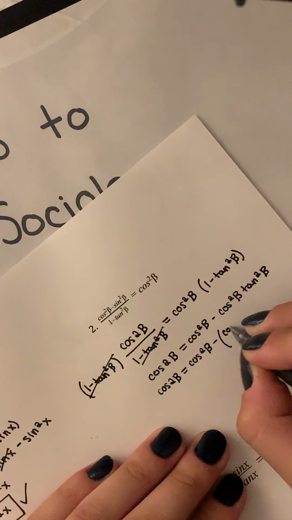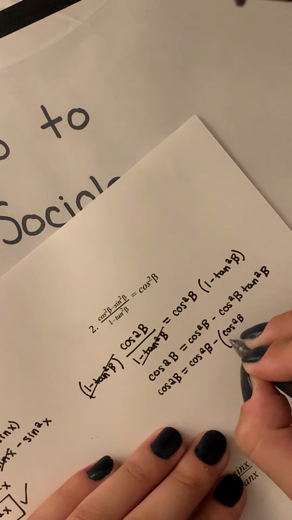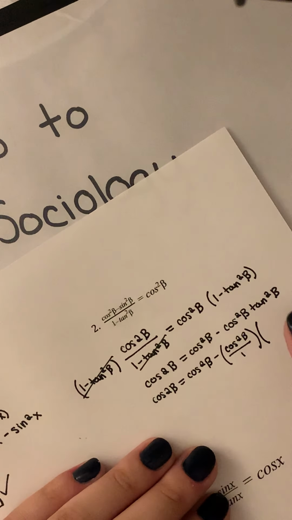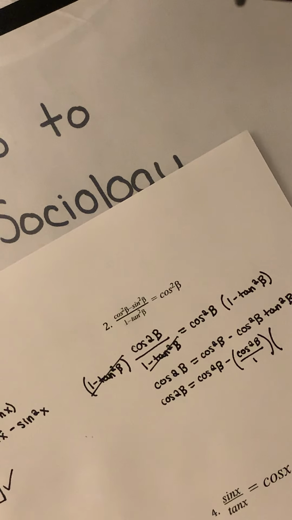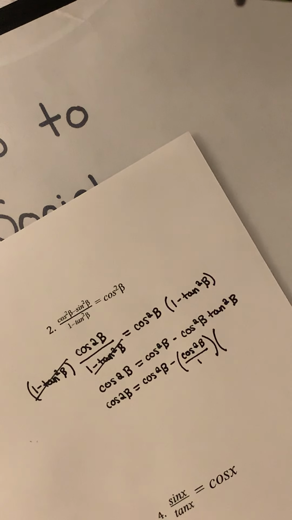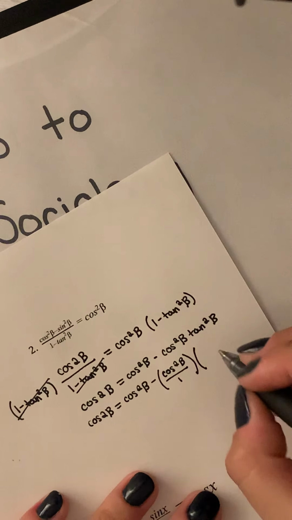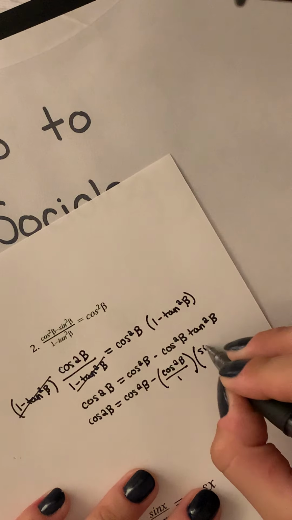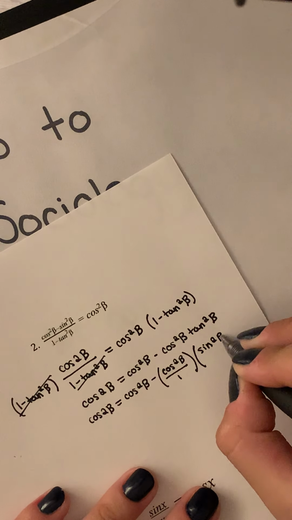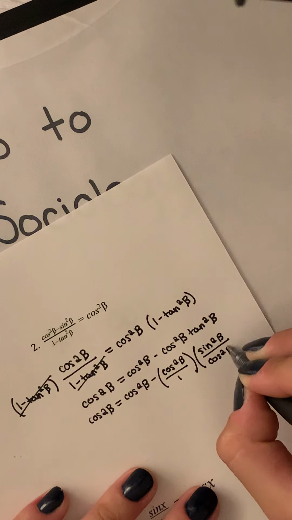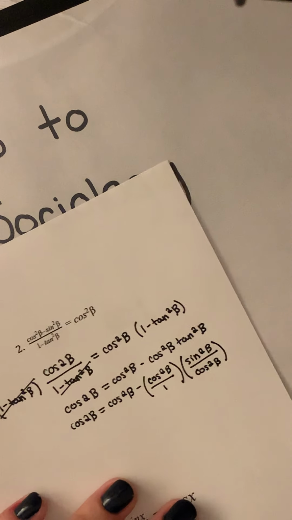When I get here, write cosine squared beta over 1. And we're going to multiply that because, again, it's a tangent squared beta. We manipulated the tangent, so we have to manipulate the sine and the cosine that we use to get the tangent. So that's going to become sine squared beta over cosine squared beta.